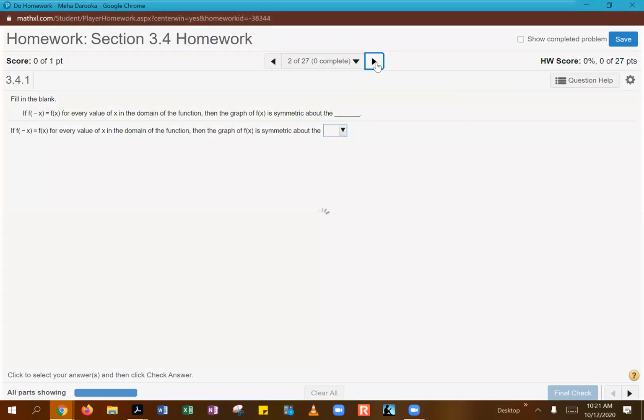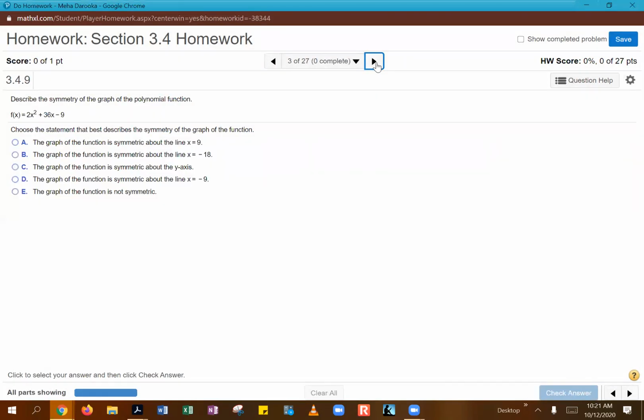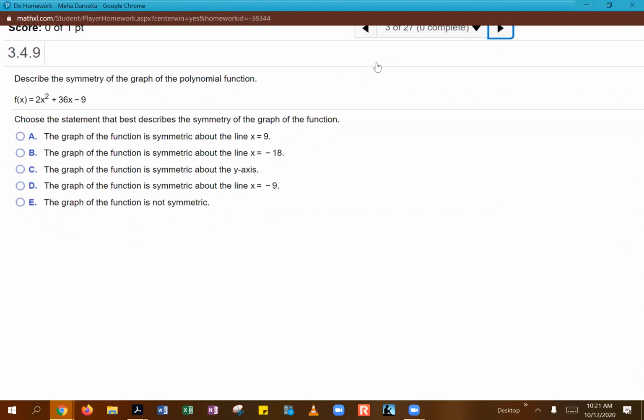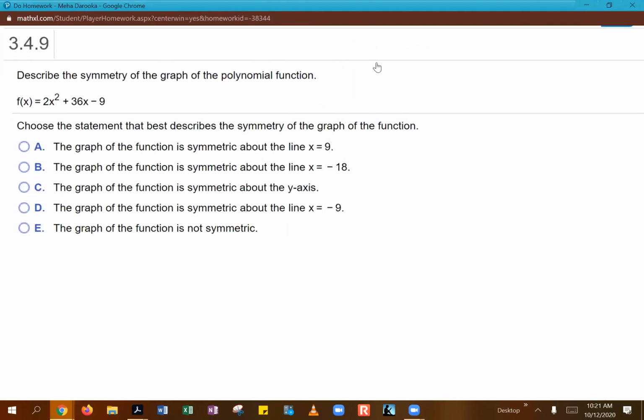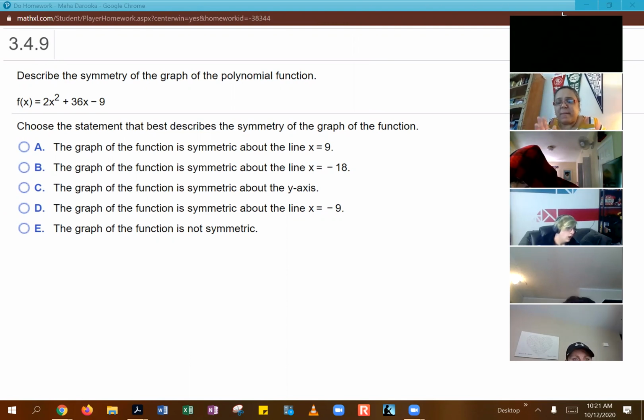Okay, so let's take a look at this. They're again talking about what kind of symmetry this function will have. If you remember, when we talked about symmetry in chapter 2, we looked at the exponents for your variables. You can see you have 2x squared, so that's an even exponent.